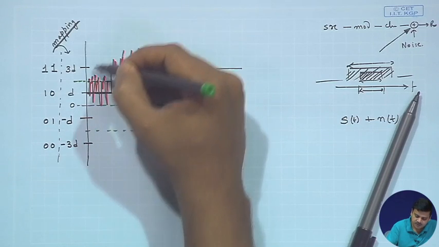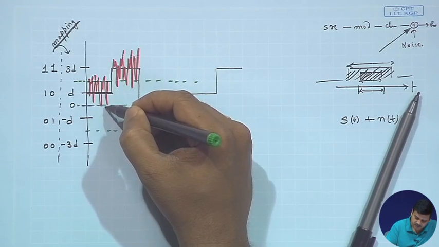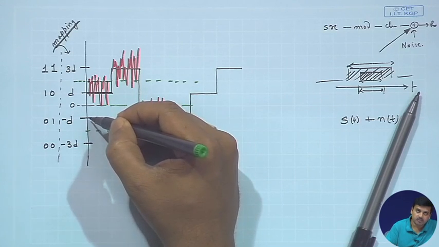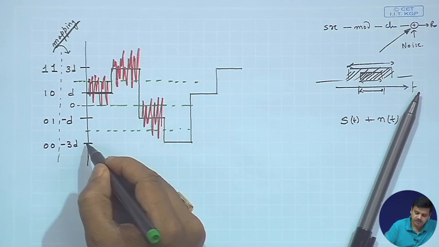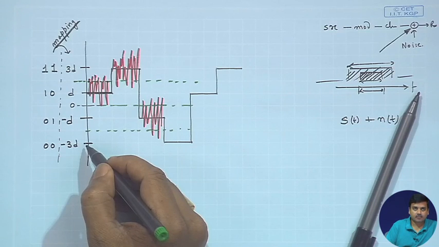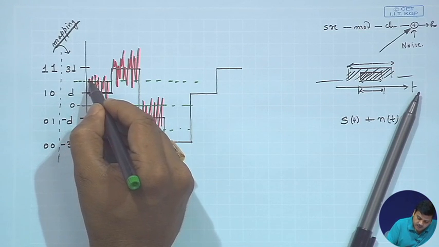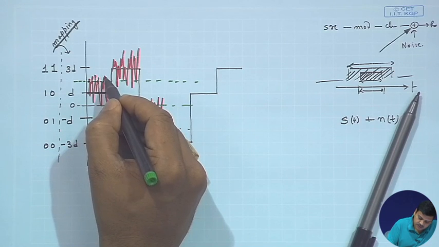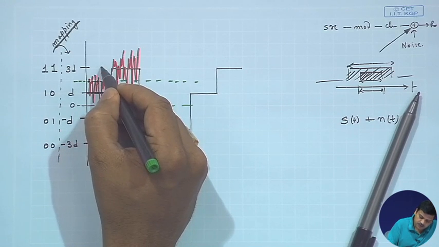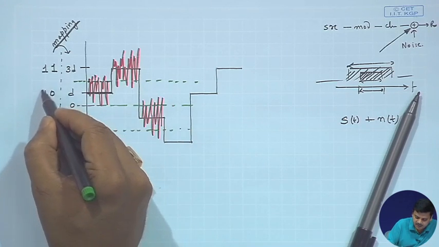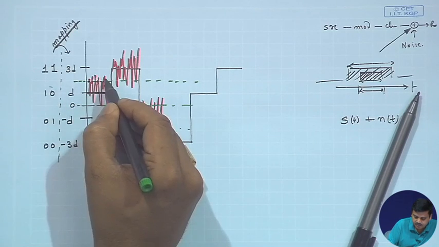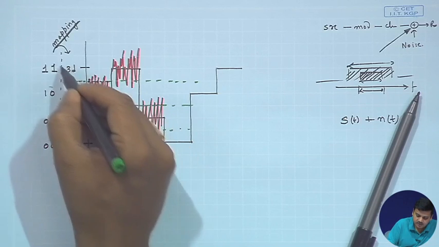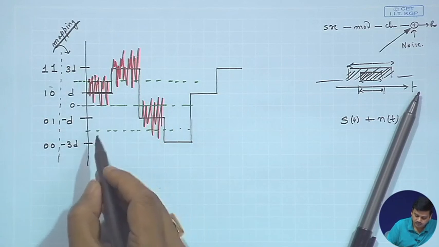If it is above this, you would map it to 3D. If it is within this band, you would map it to minus D. If it is below this band, you would map to minus 3D, right. So, now if the signal goes above this decision point, it would map to 3D. So, what it means is, if 1 0 was sent and because of the noisiness, it would be detected as 3D, you are going to detect it as 1 1.